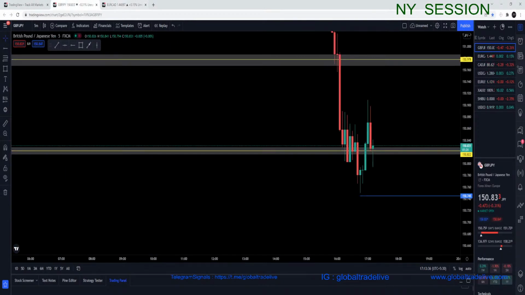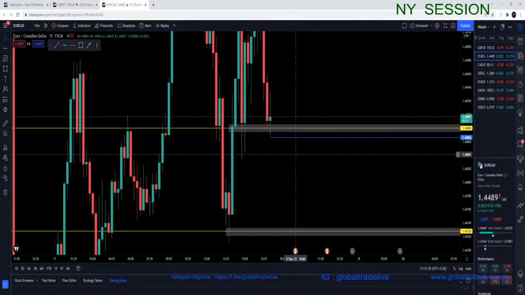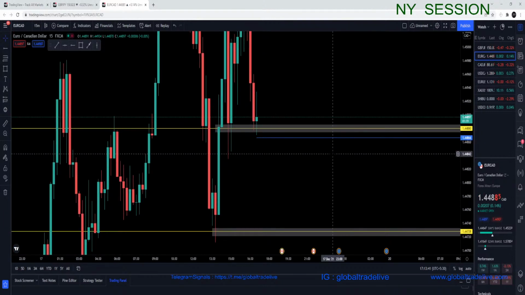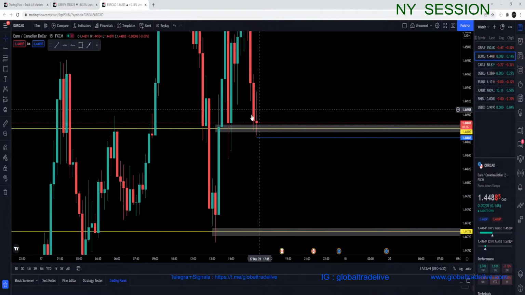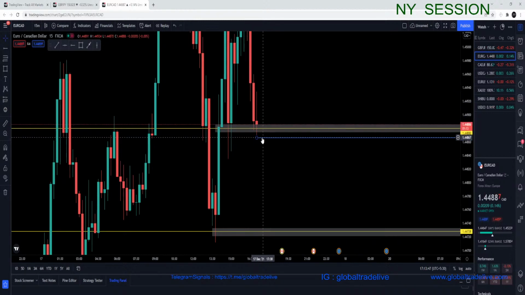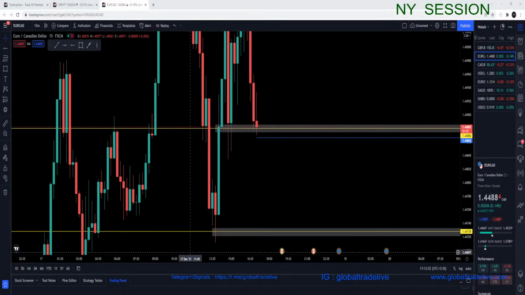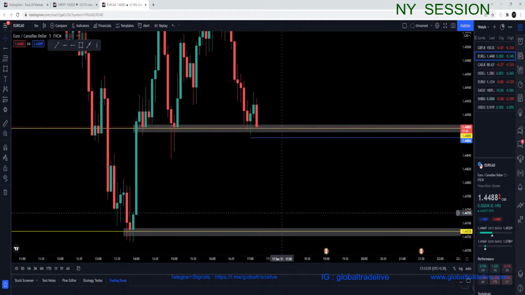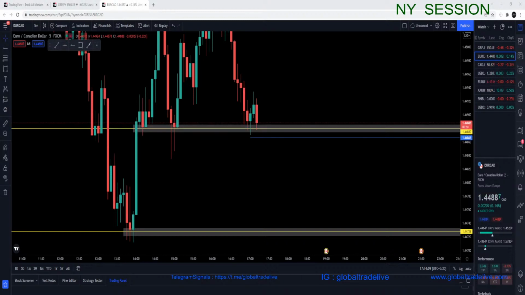EuroCAD moving down. GBP 5 minutes has just flipped up. Oops. Let's hope that this candle doesn't break the price in the last 1 minute. So I'm gonna wait for 1 minute, even though in the last 1 minute this candle might just go all the way down.